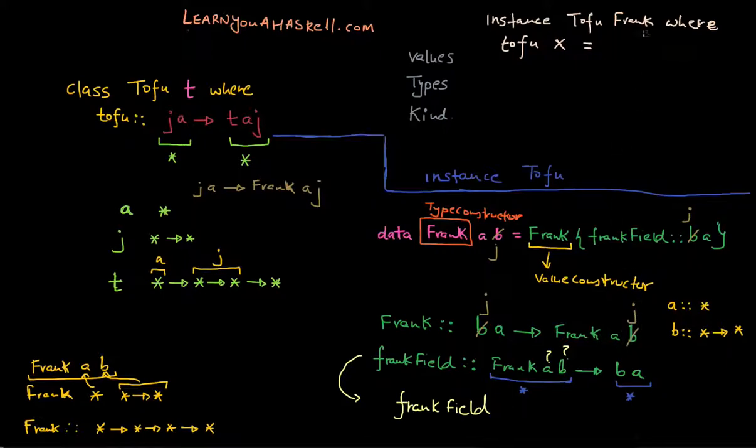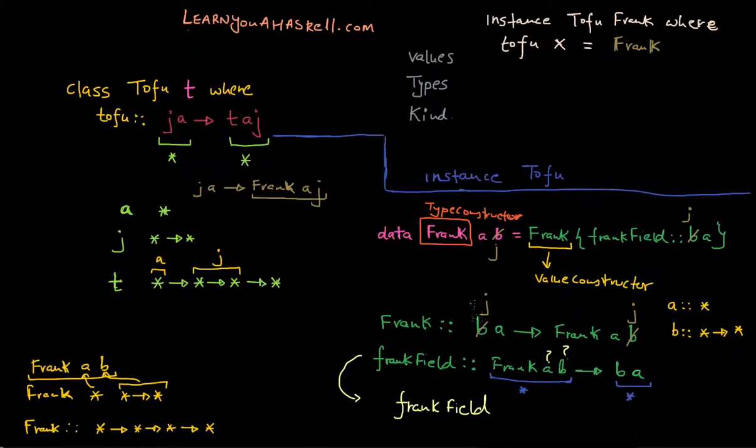So I need to invoke my value constructor Frank right there. As long as I pass in some value that happens to have a type of JA, I'm going to get back as an output something that happens to have a type of Frank AJ. This would definitely satisfy the behavior specs of my method tofu.